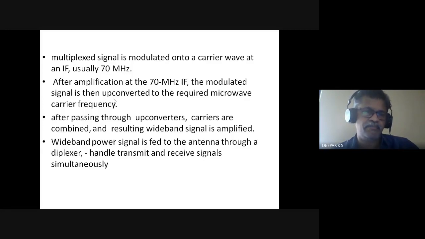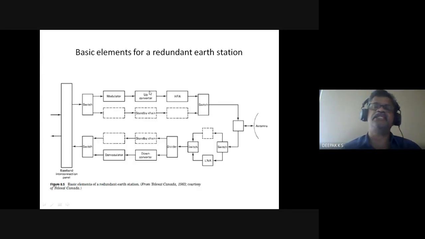Then it is amplified and converted to microwave. Say you transmit at 6 gigahertz or 14 gigahertz. So that conversion takes place here. Here it is at 70 megahertz, this modulation. Then you convert into 6 gigahertz or 14 gigahertz. Then you amplify it.